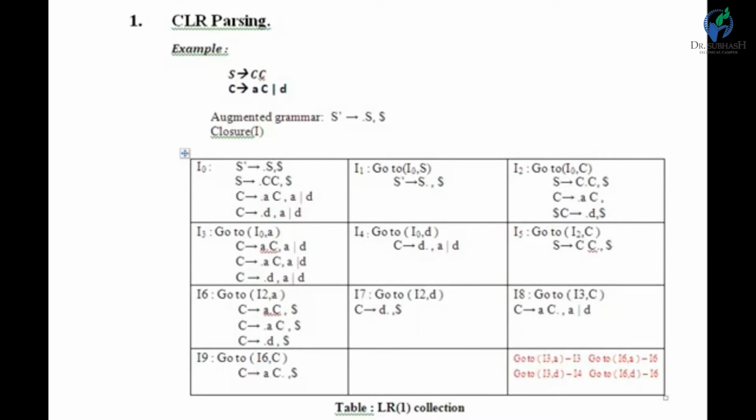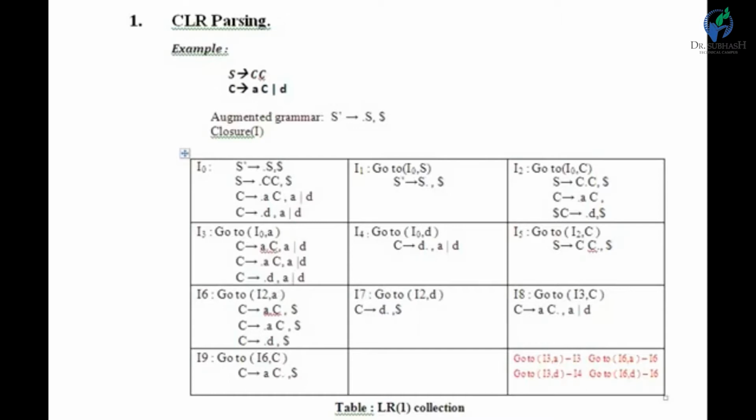Then after that you have to write the look ahead of this grammar. How can you find the look ahead symbols? For that you have to find the follow of the non-terminal.